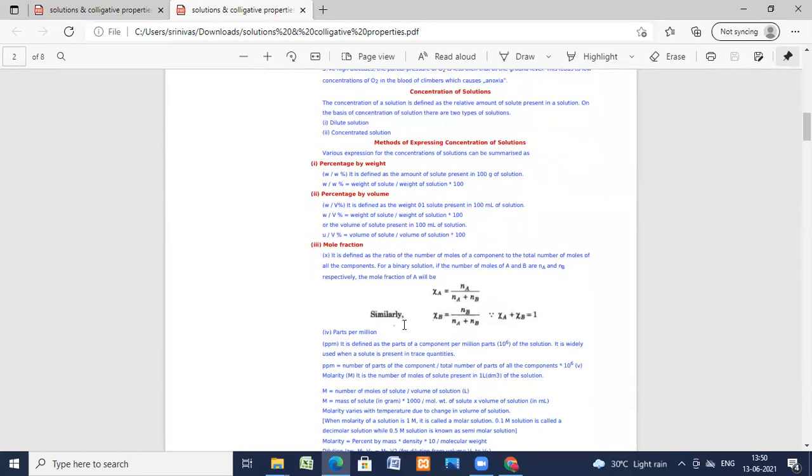Next, what is mole fraction? It is defined as the ratio of the number of moles of a component to the total number of moles of the components in a solution.